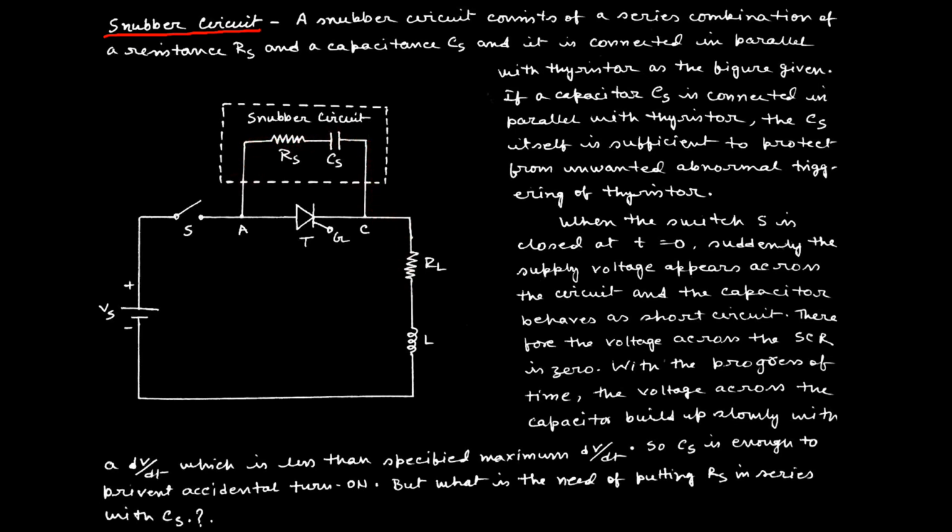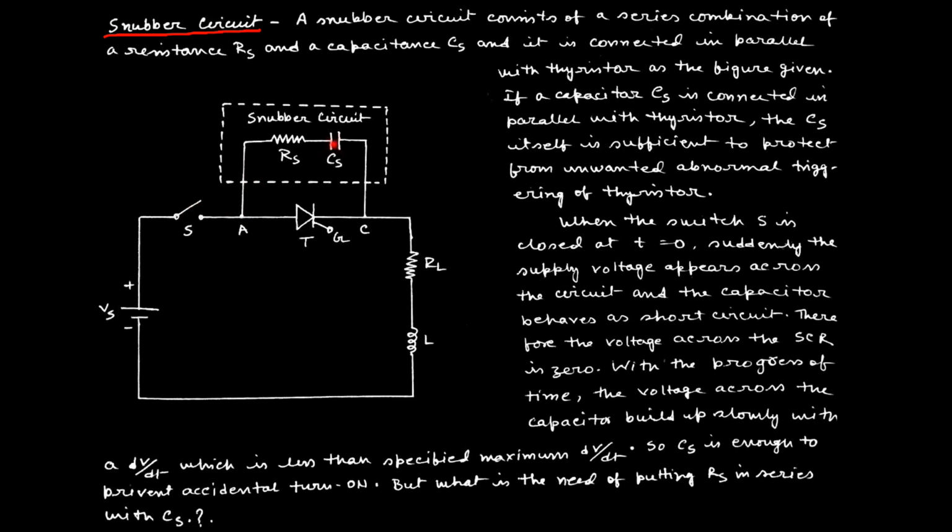That means the voltage across the thyristor T is 0, and the total voltage is captured by this capacitor Cs. We know the normal property of Cs: the charging path and the discharging path are opposite. When the capacitor starts storing energy, the direction of the current is this one.